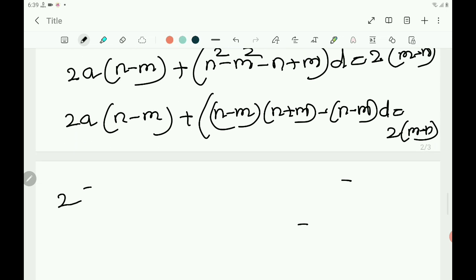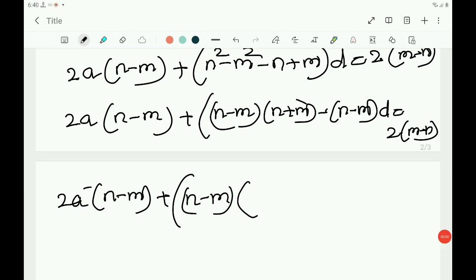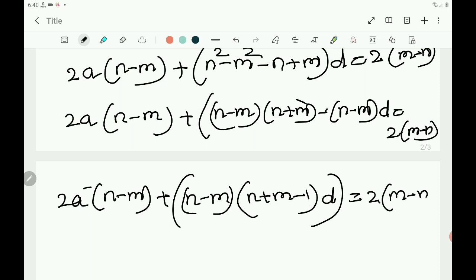Then again you write 2a into n minus m plus, out of this you can remove n minus m as a common, n minus m into, and in the bracket n plus m, and outside minus 1 is remaining. Write n plus m minus 1 whole into d equals 2 into m minus n.